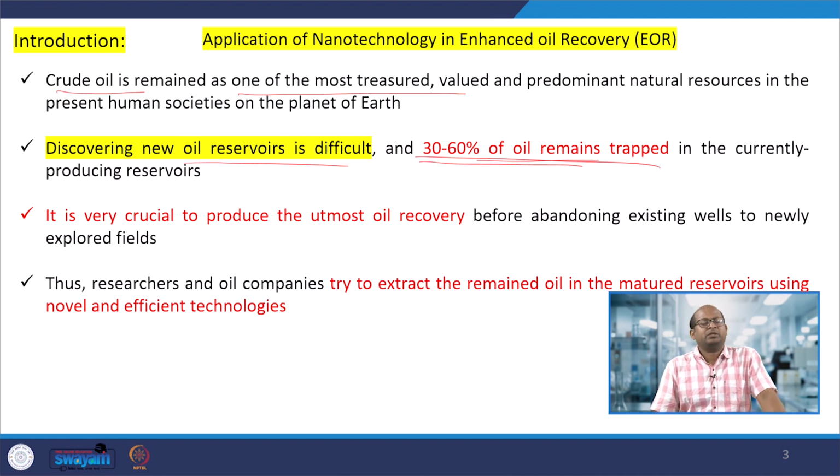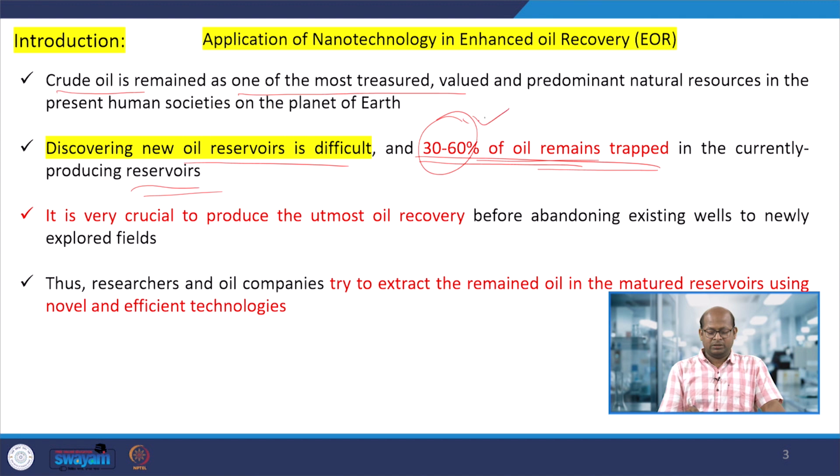Currently we get 10 to 40% of the oil from these reservoirs, but the remaining 30 to 60% remains trapped inside, so it is important to take that oil out.